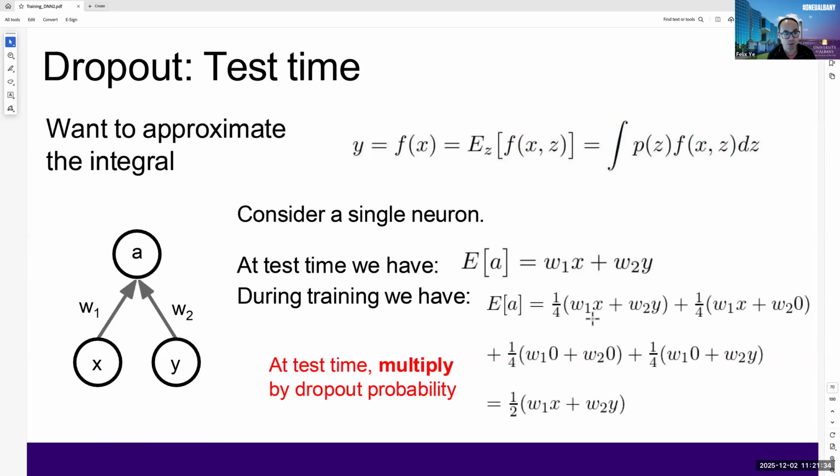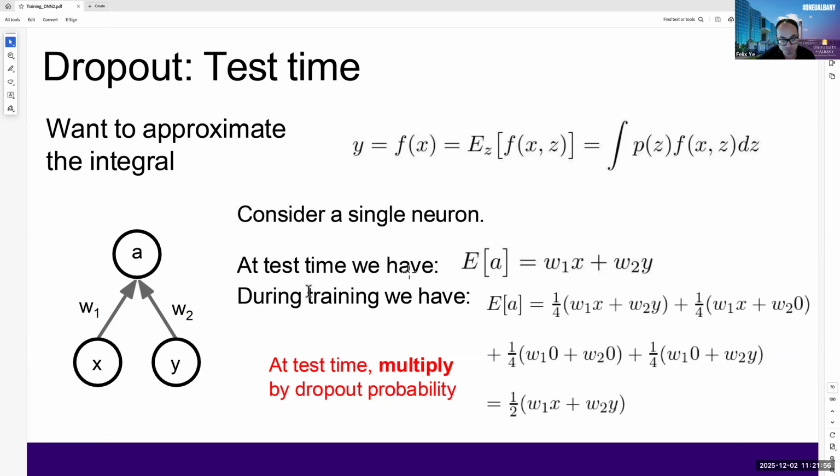So we can do a simple trick here. We want to approximate this integral very efficiently. So we consider one single neuron.